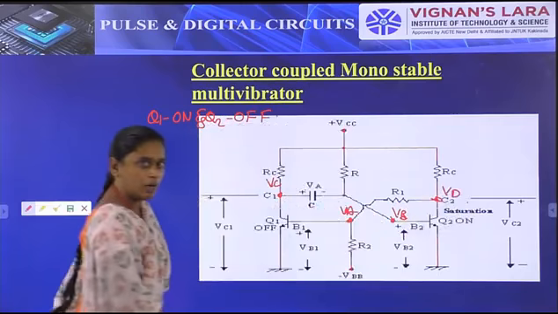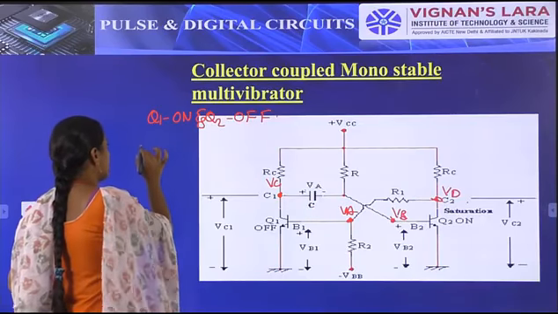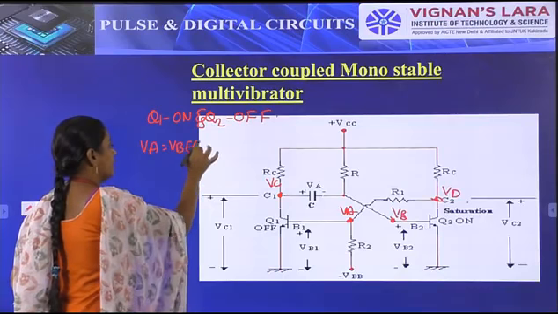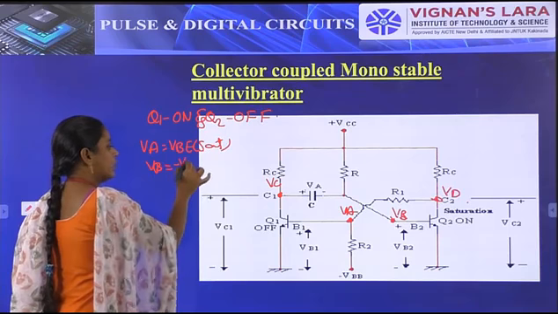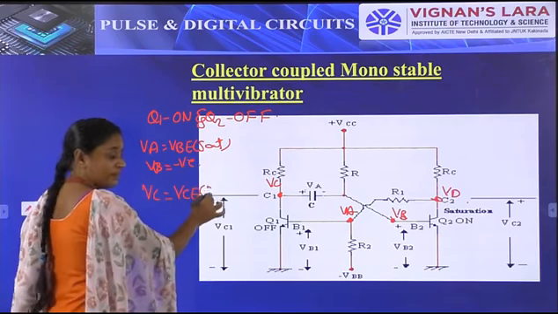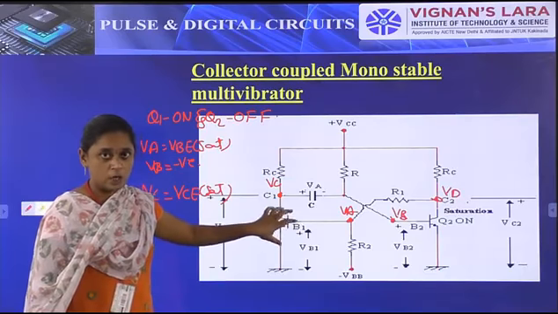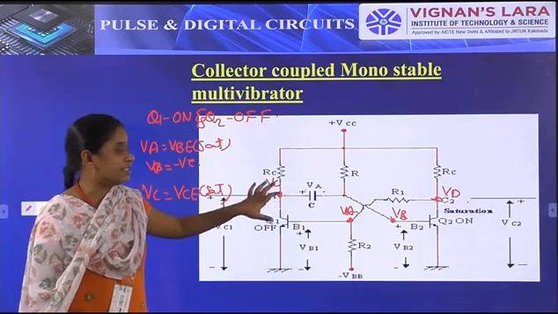At this time, we have to check VA, VB, VC and VD. Obviously, VA becomes VBE saturation, VB is negative, and VC is VCE saturation. Why? Because transistor Q1 is in on condition, so the collector voltage VC is VCE saturation.